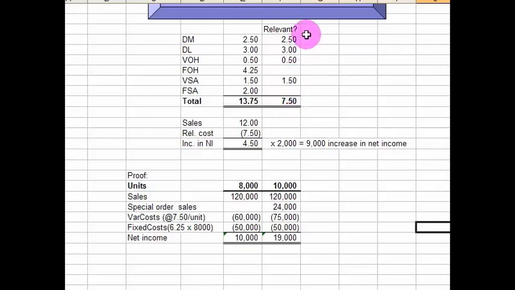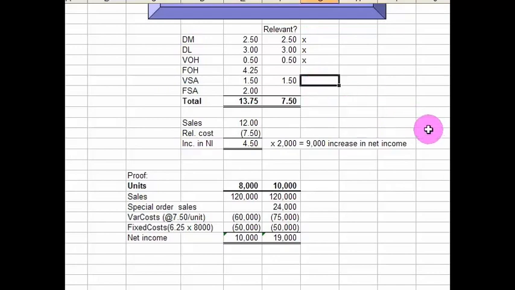But what about the rest of these costs? What's relevant? You've got old inventory sitting on the shelf. Well, what you need to realize is those units have already been built. So the cost of materials, labor, and overhead has already been incurred. Those are all sunk costs. So those are all irrelevant for this particular decision.